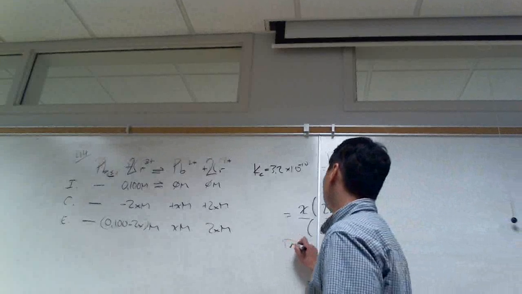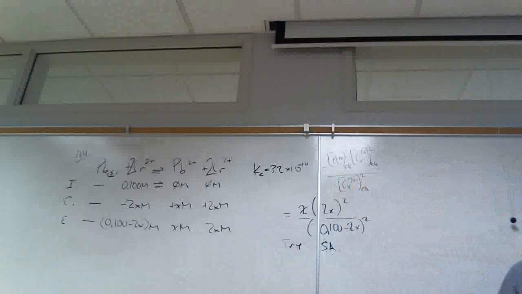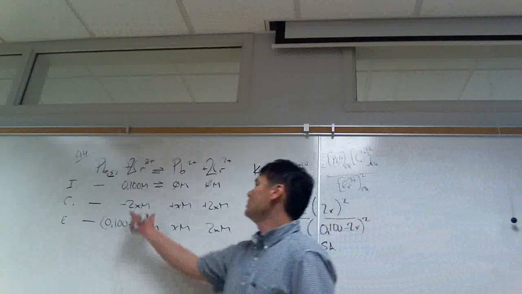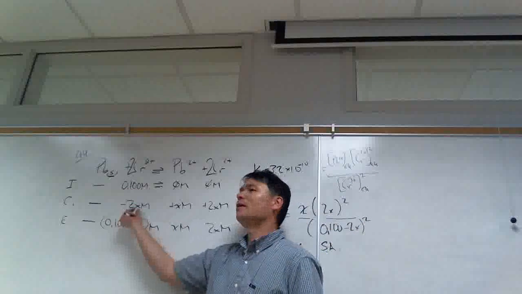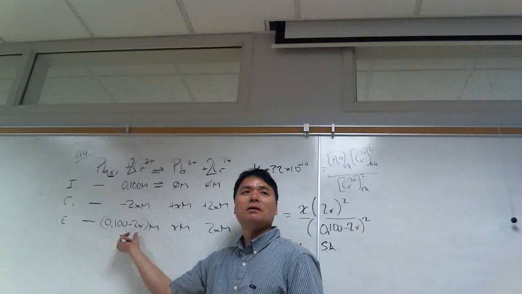And so we're going to try that. We'll try the SA, which stands for the simplifying assumption. The simplifying assumption here is going to just say that this is like a swimming pool, 0.100, and I'm just going to lose a tiny drop out of there, and so it should stay at 0.100.